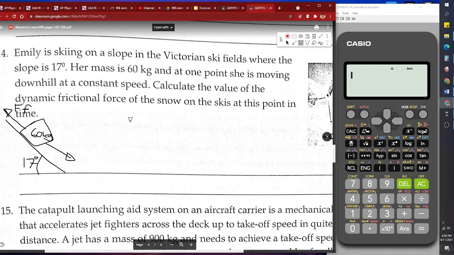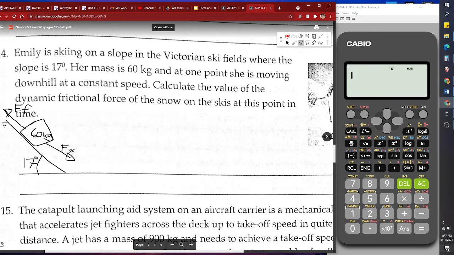First of all, we have to look at the forces that are going on here. If she's moving at a constant velocity, with all forces in the same plane, then in this case where she's moving down the hill, we're going to call that just the force downhill in the x direction.